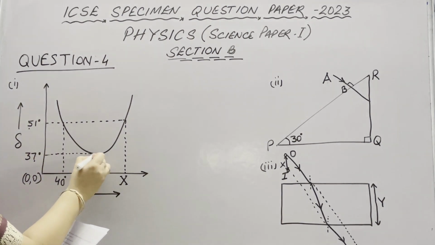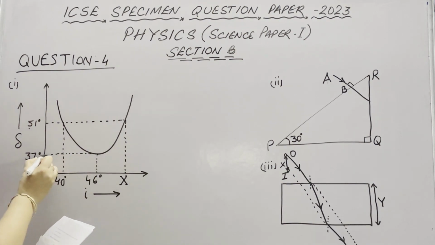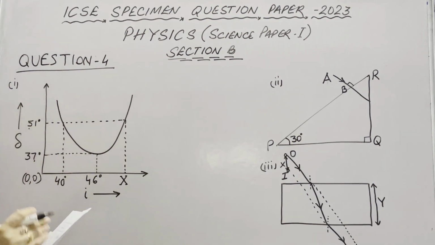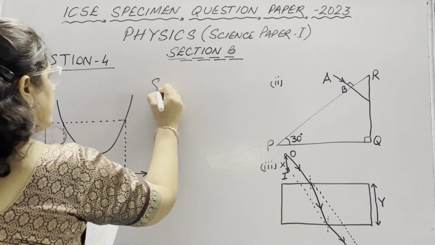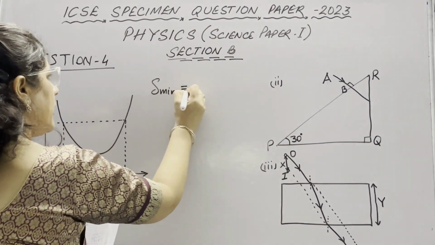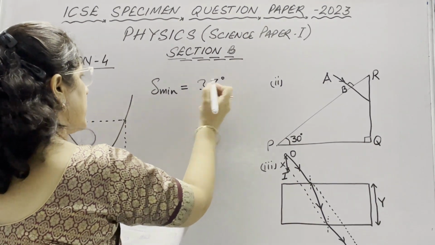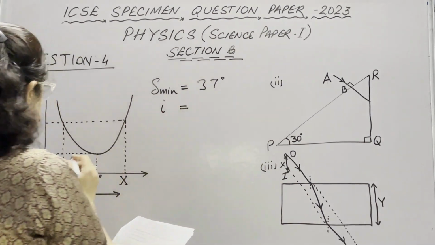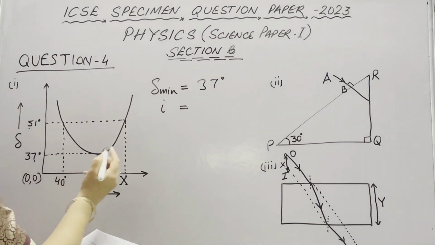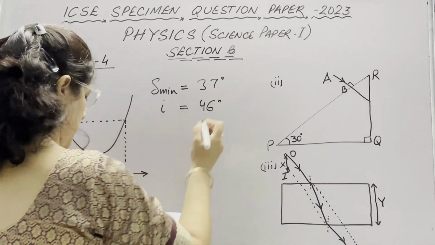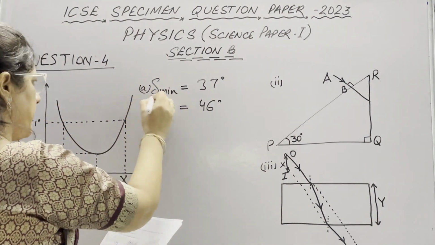As you can see, this is the point, and here we need to find delta minimum, the angle of deviation. The minimum value of the angle of deviation is 37 degrees, and the corresponding angle of incidence, which you can see on the x-axis, is 46 degrees. This is our part A.